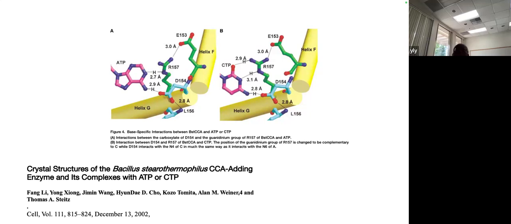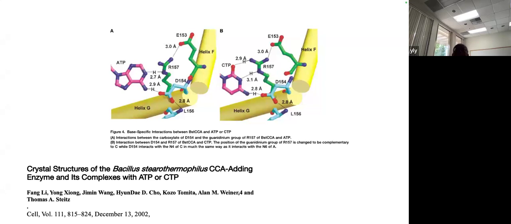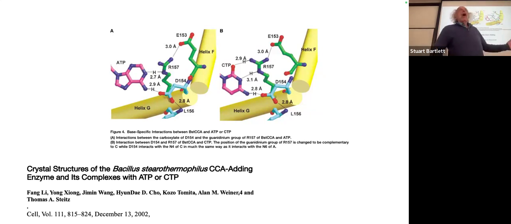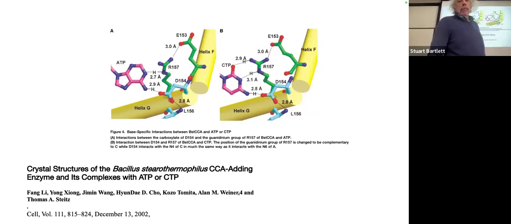Here is the aspartate, and there's the glutamic. And you see the hydrogen bond here. This is essentially recognizing these things by means of hydrogen bonding with the nucleotide, with the purine and pyrimidine bases.